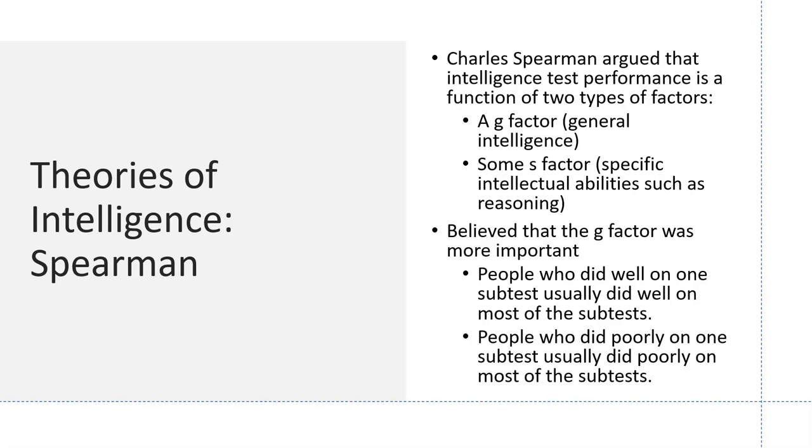So generally, what he was arguing was that if you have high G factor intelligence, you probably have high S factor intelligence across multiple domains. People who did poorly on one subset also tended to do poorly on the others. So what he inferred was, if you have lower general intelligence, it often translates into lower subtest scores on specific abilities as well.